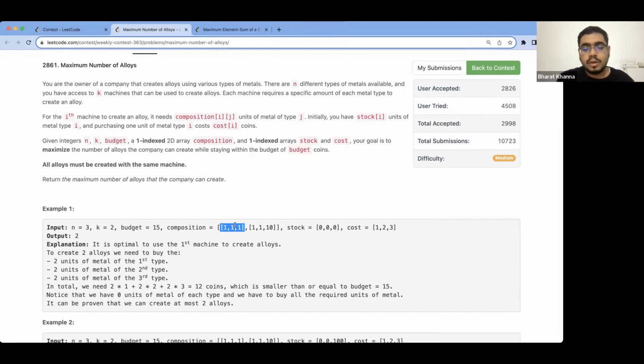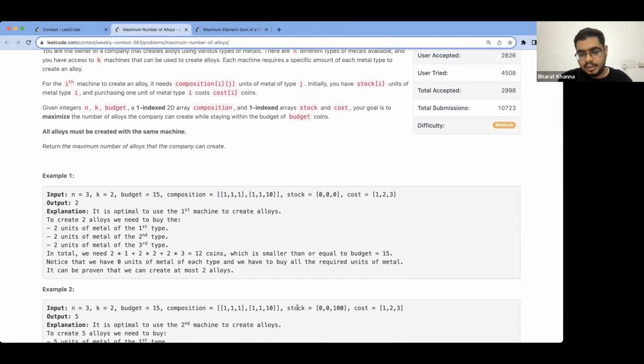So apart from that, it is given that we have a stock of already existing metals. Like here it is 0, 0, 0. But in this case, for example, we can see that the first two metals have 0 stock with us, and 100 of the third type. So for each of the metals, we know how much stock we already have.